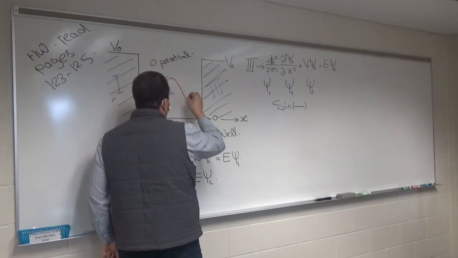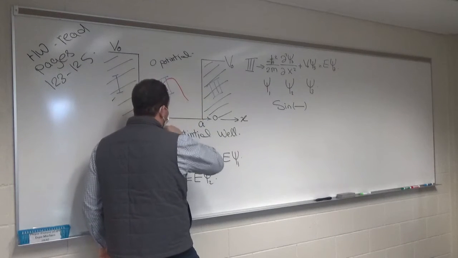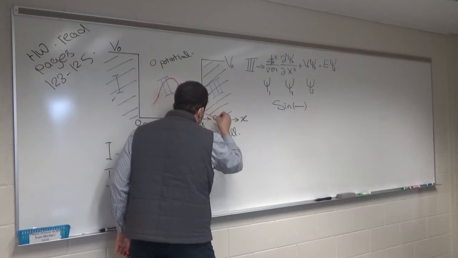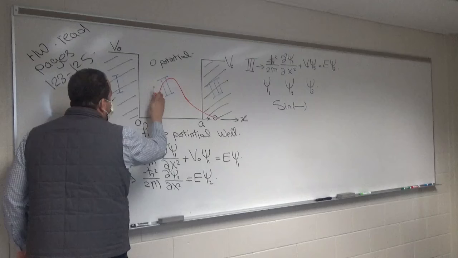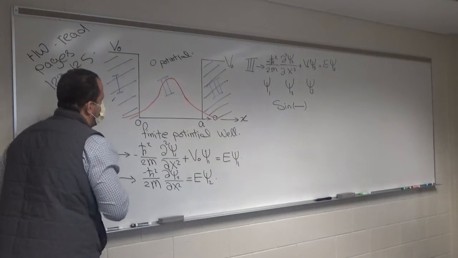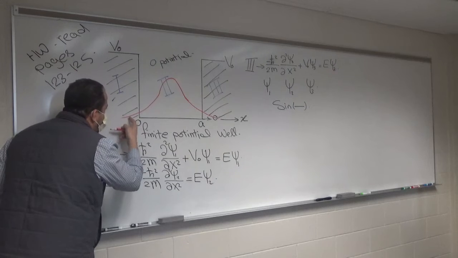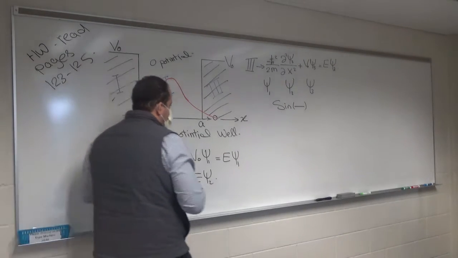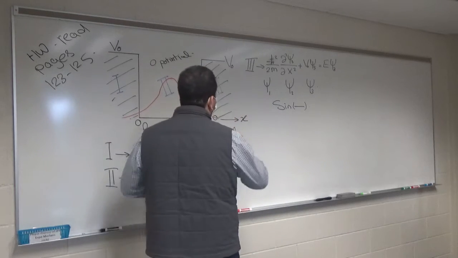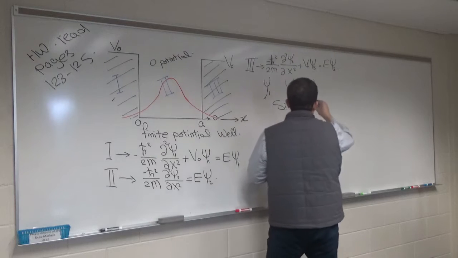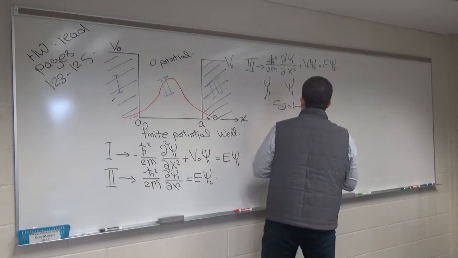You will see, guys, if we have a finite potential well, the probability is going outside like this. And also from the other side, the probability is going outside like this. So there is kind of probability here. What does that mean? That means we have psi 1 and we have psi 3.